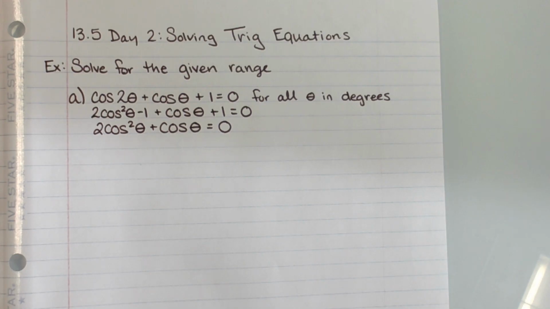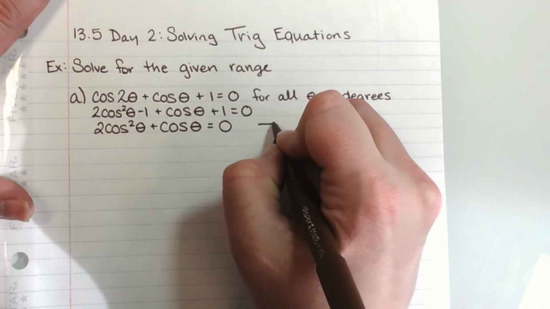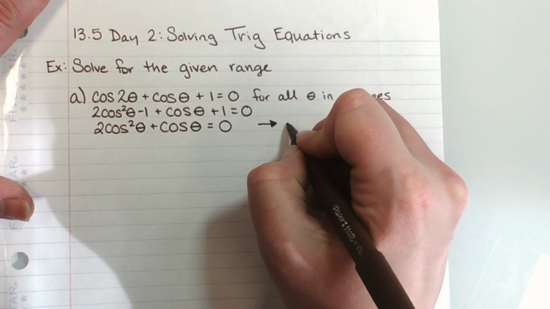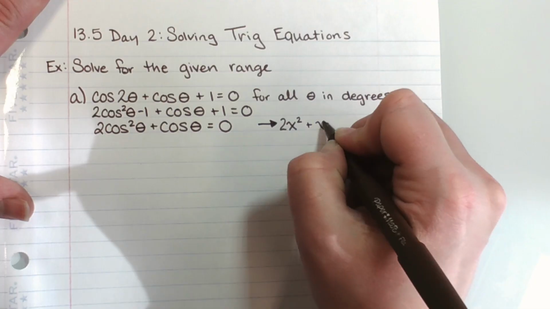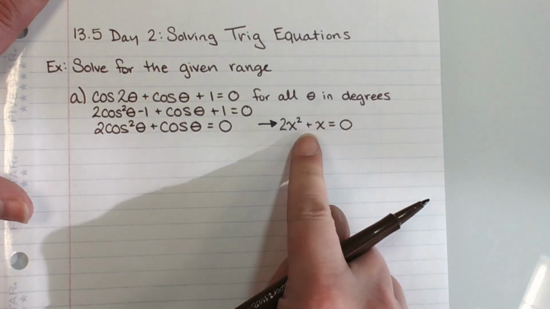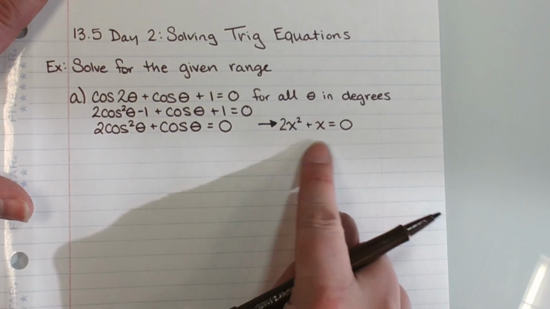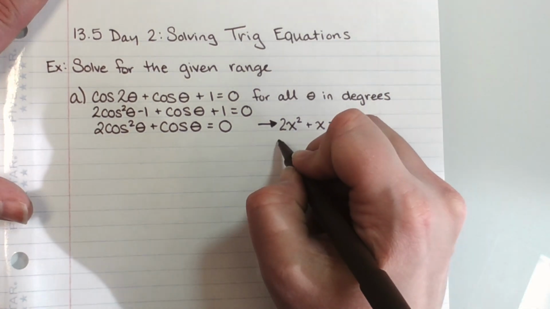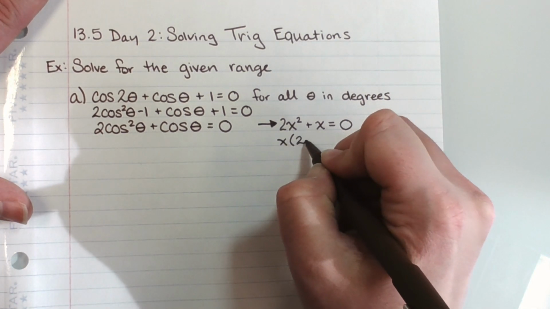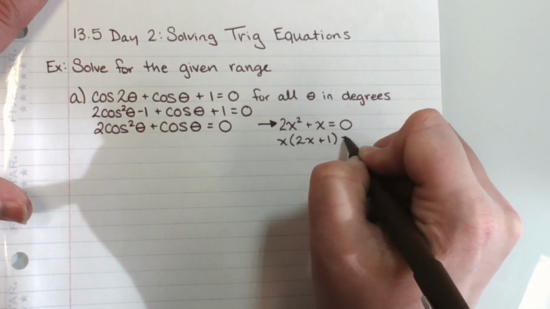Can we factor this? If you're not sure, once it's to a single trig ratio of the same angle, you can always change it into x's and see how you would solve that equation. Could we factor this to solve? Yeah, you'd factor out an x. It'd leave you with 2x plus 1.